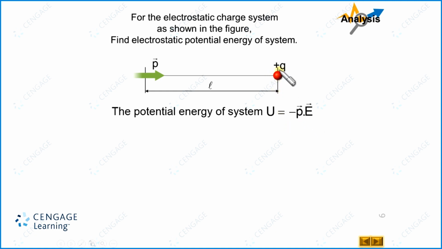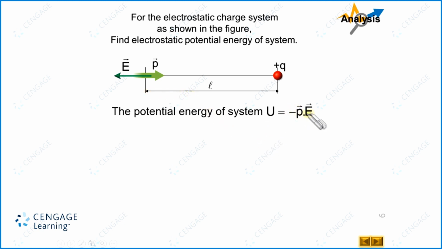Okay, now we can draw the electric field vector at the center of the dipole because of this charged particle, and we know this is in the leftward direction like this. That means the angle between the dipole moment and the electric field vector is 180 degrees, and the magnitude of the electric field is 1 upon 4 pi epsilon naught Q divided by L square.